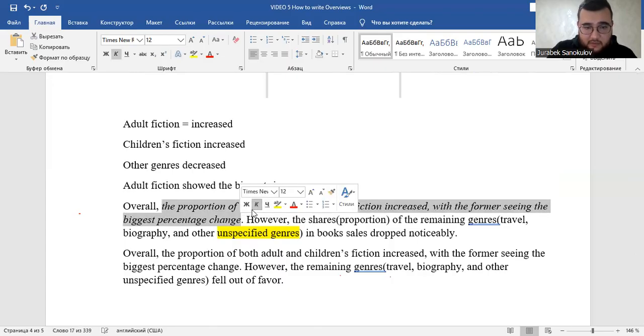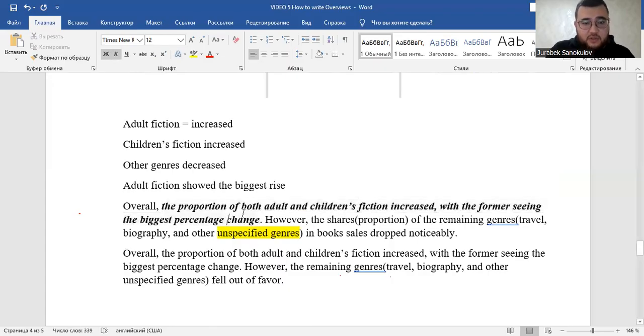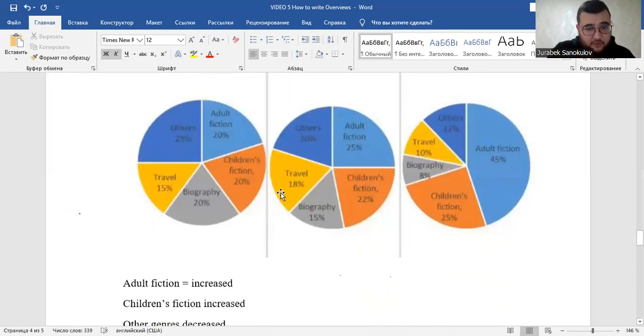The proportion of both adult and children's fiction increased, with the former seeing the biggest percentage change. However, the shares of the remaining genres in book sales dropped noticeably. That's how I would describe this in my overview.